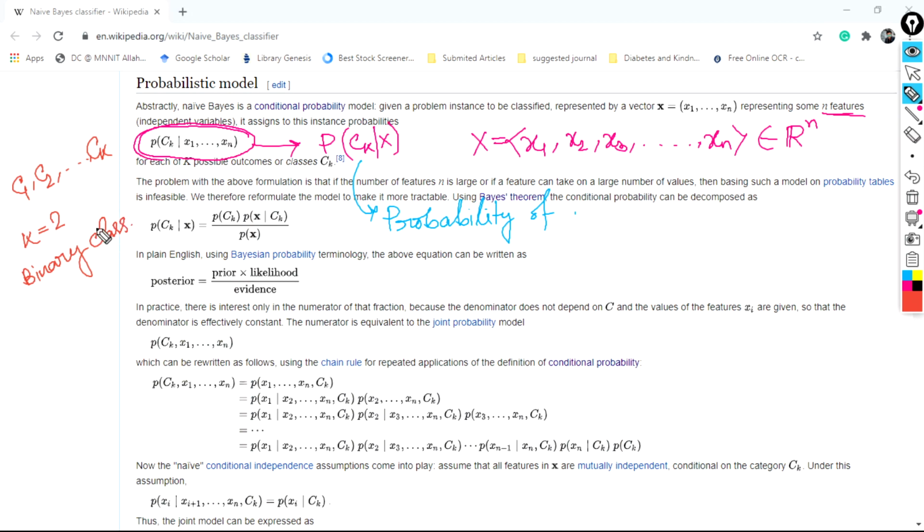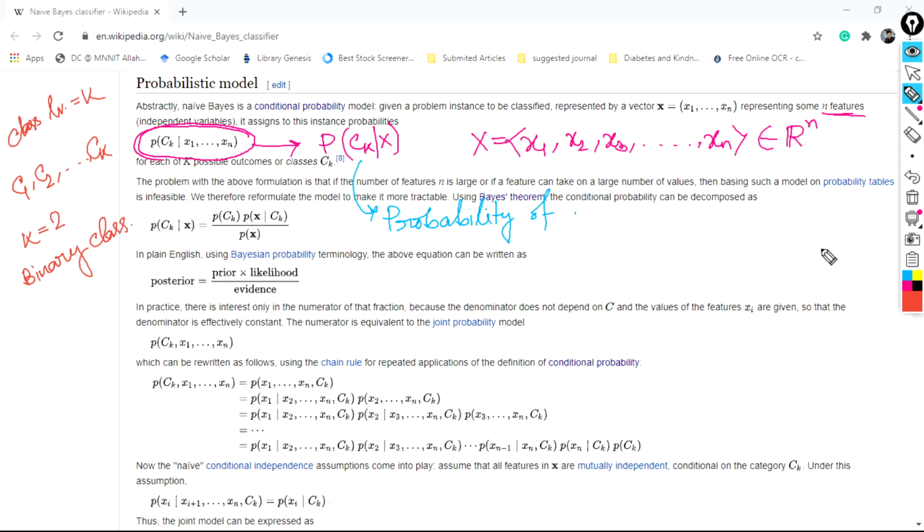But here we are constructing a multi-class classifier, so for our assumption the number of class labels is k.